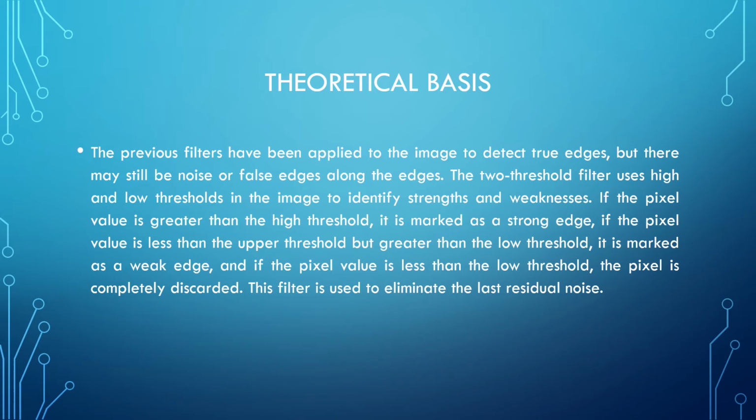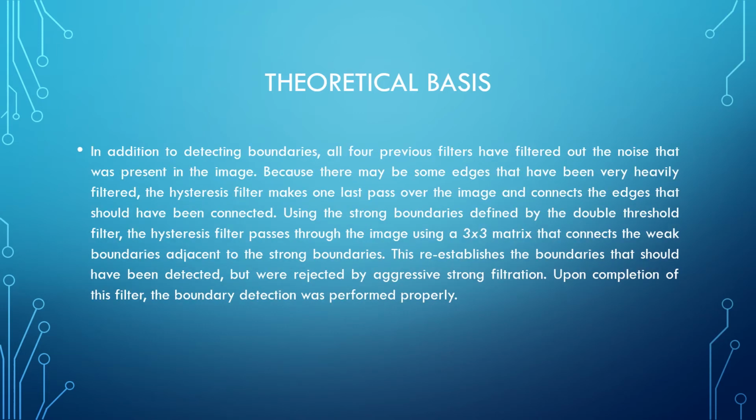And if the pixel value is less than a low threshold, the pixel is completely discarded. In addition to detecting boundaries, the previous filters have filtered out the noise that was present in the image, because there may be some edges that have been very heavily filtered. The hysteresis filter makes one last pass over the image and connects the edges that should have been connected.